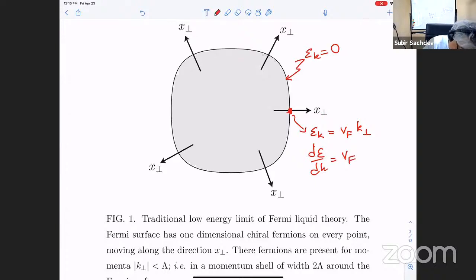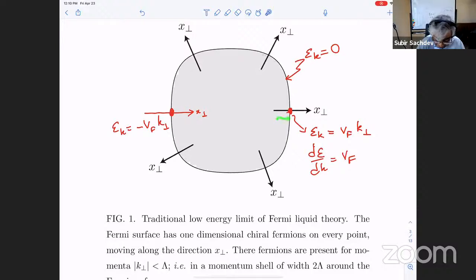If I was at the opposite point, which we'll get to next time, then if I use the same coordinate system, so this direction is still the perp coordinate, then my Ek at this point is minus Vf K perp. So on this side of the Fermi surface, I have a fermion that's moving right along the perp direction. And here I have a fermion that's moving left along the perp direction.